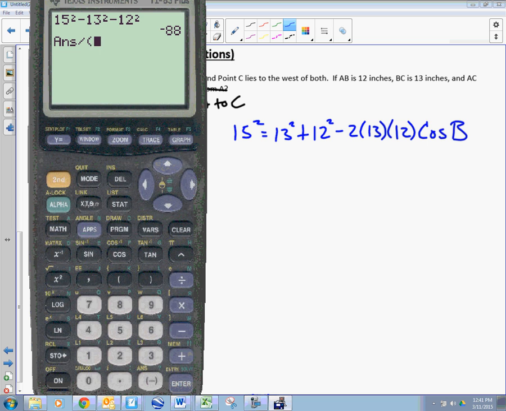I subtracted the 13 squared over. I subtracted the 12 squared over. And I'm going to divide off the coefficient that's in front of the cosine. So I divide off negative 2 times 13 times 12. And I get that. Cosine inverse of that result, 73.62.